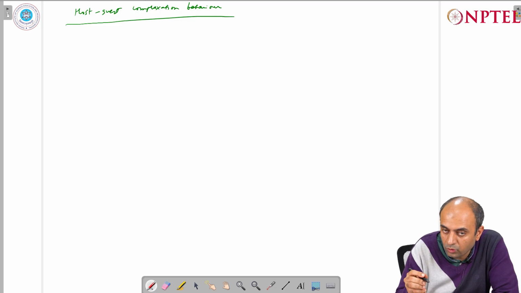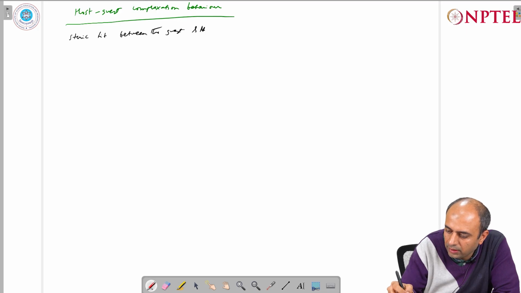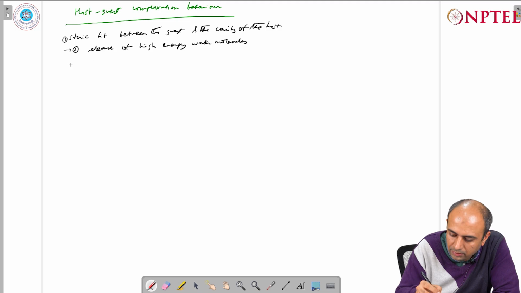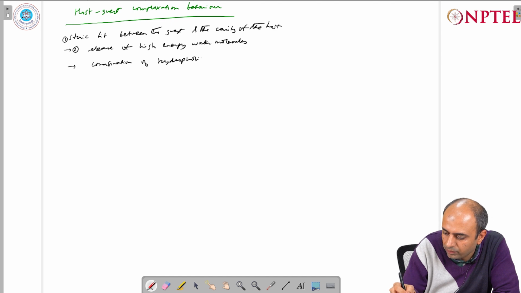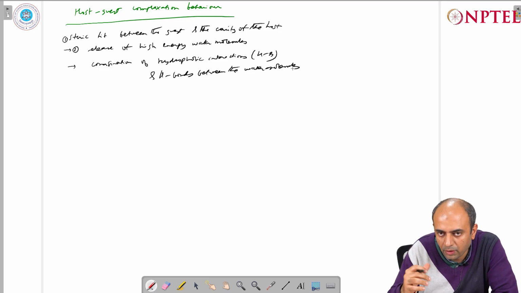We know that when we have host guest complexation, the most important factor is the steric fit between the guest and the cavity of the host, followed by the release of high energy water molecules, and then a combination of hydrophobic interactions between the host and the guest, and hydrogen bonds between the water molecules, which are expelled from the interior of the host molecule into the bulk.